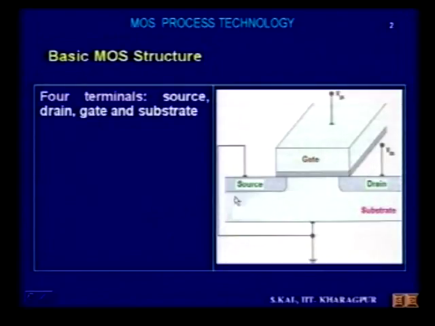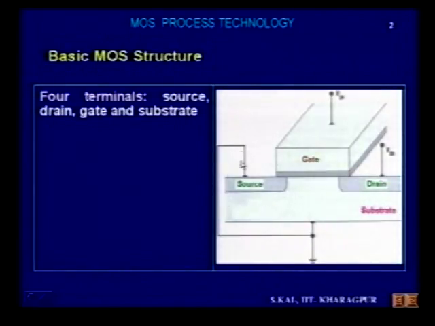In case of NMOS device, source and drain are highly doped N regions, and the substrate is p-type, and the gate is silicon dioxide. A thin layer of good quality silicon dioxide is used as the gate material, and on top of the silicon dioxide a metal film is deposited for taking contact.